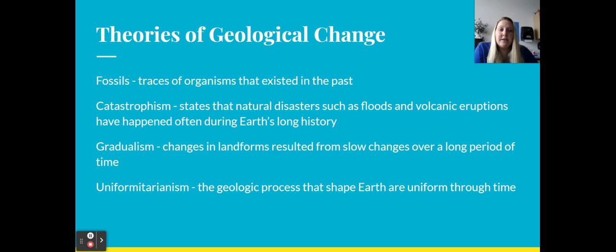We can see gradualism. We know that Mount Everest grows about 2 to 4 centimeters every year. We know that there are parts in the ocean that are getting just as deep every year. And that's because of continental drift. The continents and the tectonic plates are constantly moving, leading to gradual changes that we can see after a long period of time.